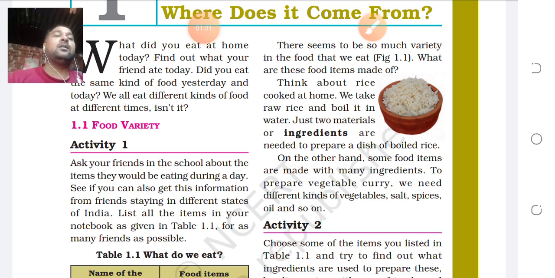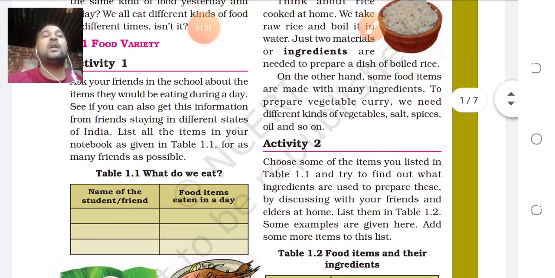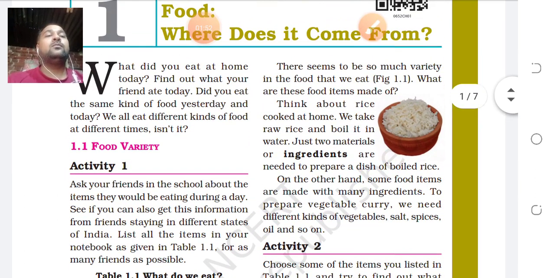So just find out about your friend, and in this table you note down the name of your friend and write the food varieties they like to take or are taking in their state, okay. By this way you will complete this table. Now we will go ahead.